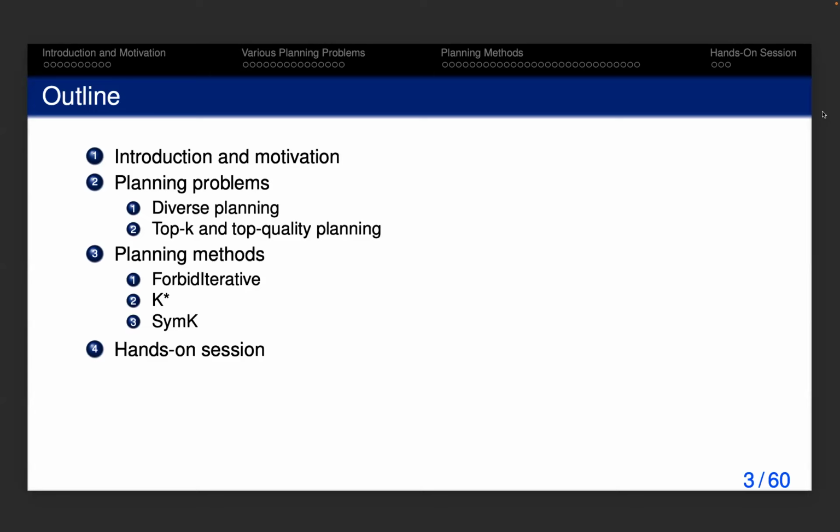And then we're going to move on to planning methods, and Michael will continue with forbid iterative. Then we are going to switch to Junkyu, who's going to talk about K-star. And then we're going to switch to David, who's going to talk about SymK. And we are also going to have a hands-on session. Also, if you go to our website, all the materials regarding the hands-on session are available for you to download.